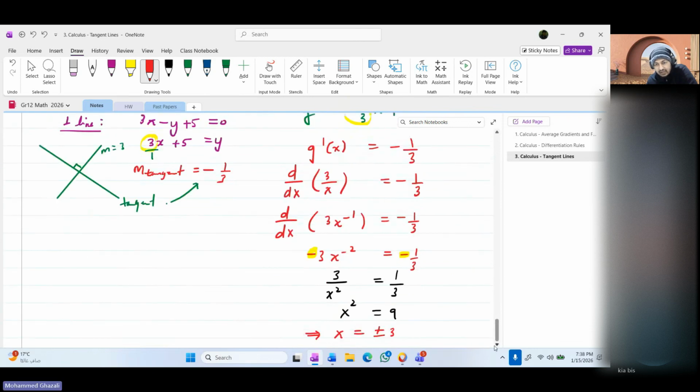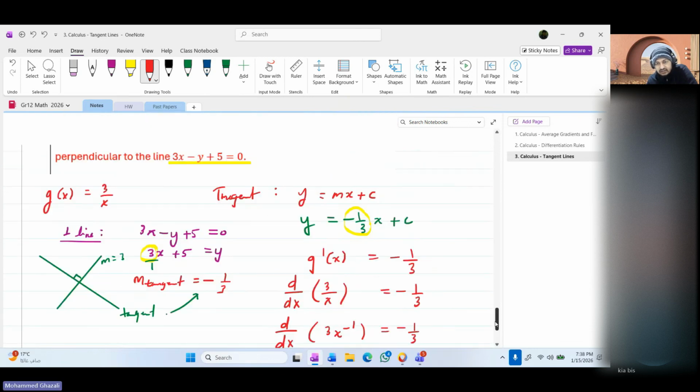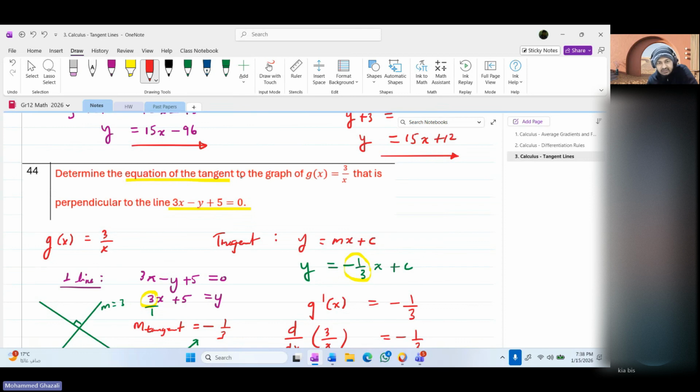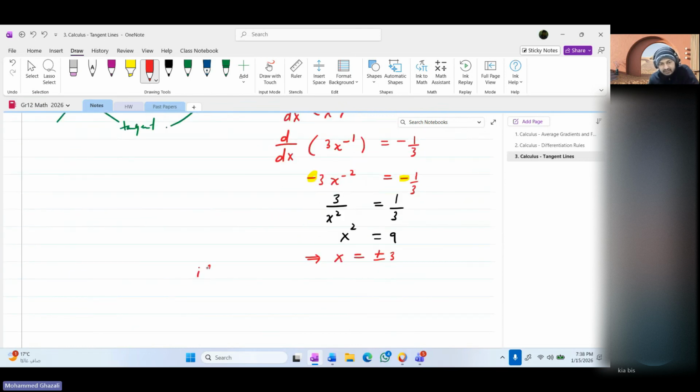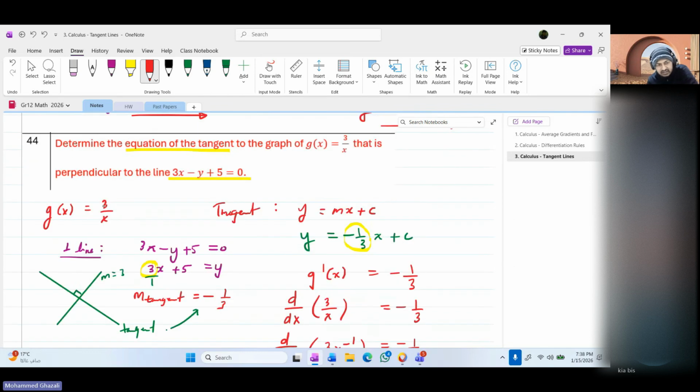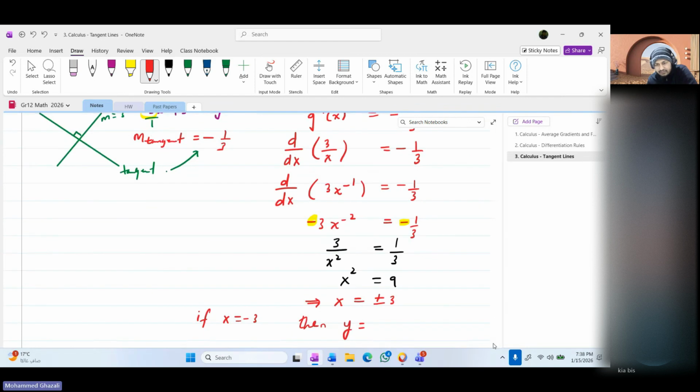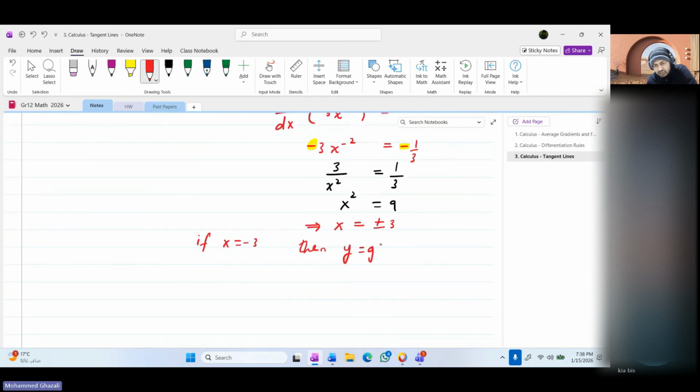That's the x value. So now you have 2 points of contact, so you're going to get 2 different c values. If x is equal to -3, then y is equal to g of -3, which is 3 over -3, which is -1.